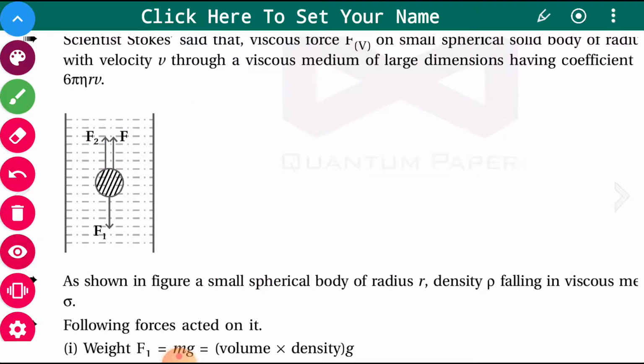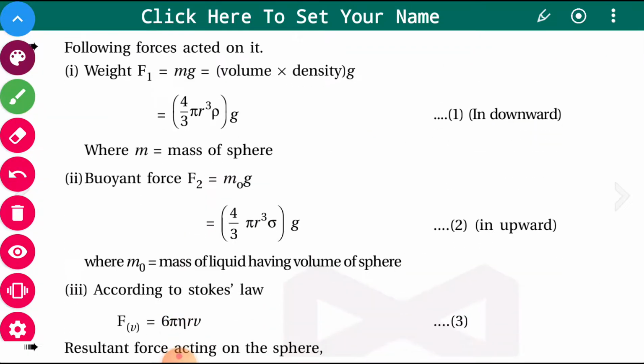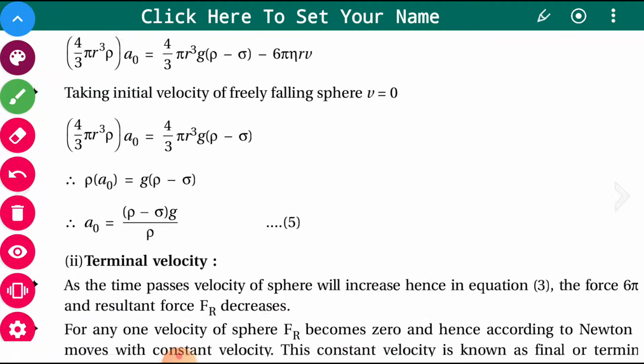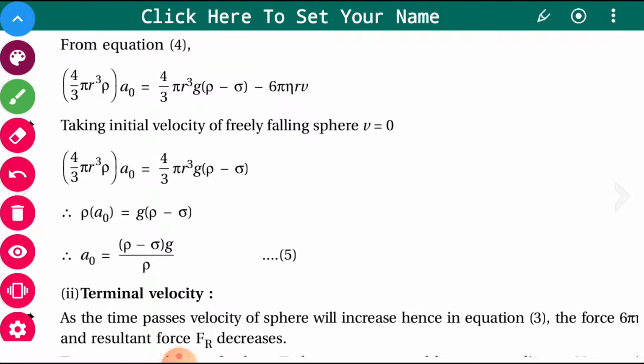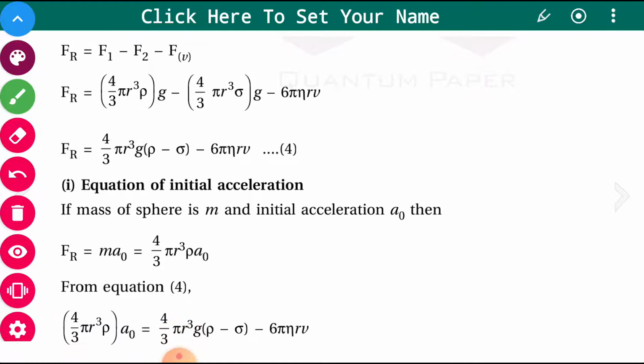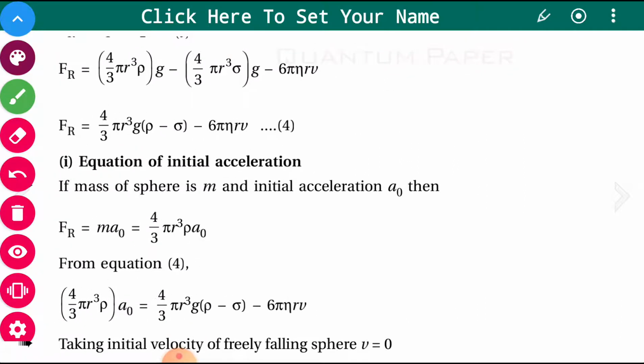So now you can understand very easily that the resultant force, that is 6 pi eta r v, acts in the upper direction.